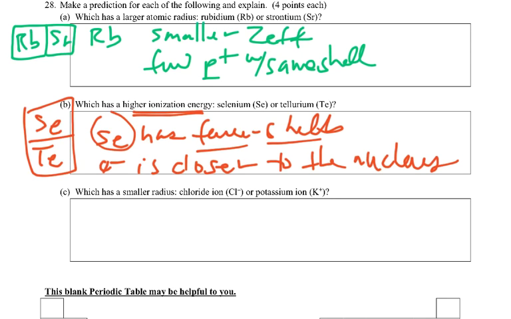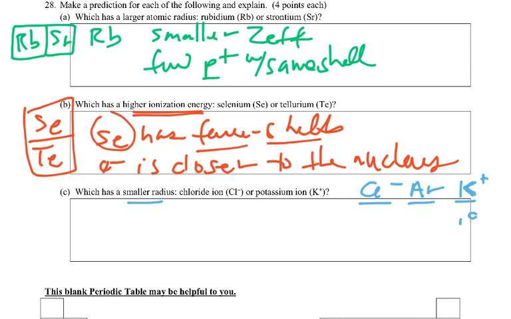Okay, and C, which has a smaller radius, chloride or potassium? So we're going to look at that and say, well, chloride is one element less than argon. So chloride has the same number of electrons as argon. Cl- has the same number of electrons. And potassium is the next element, and that has one electron more than neutral argon, but if it has a plus, that has lost one. So chloride, argon, and potassium all have the same number of electrons. They all have 18 electrons. So which is smaller? The smaller radius is the one with more protons.